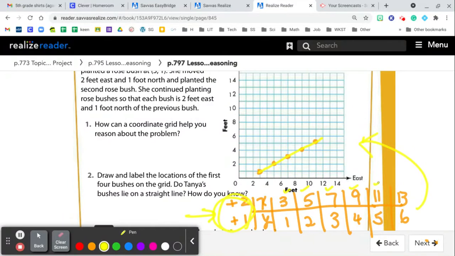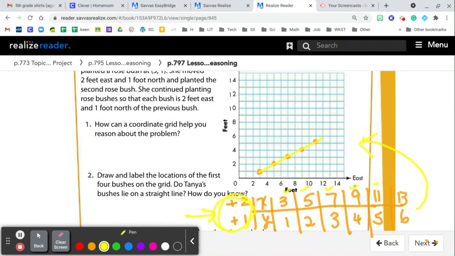So if our rose bush starts at 3, and we're going to add 18. Our rose bush is starting at 3, and we want to know the 9th rose bush. So that would be 9 times, what am I doing here? 5th rose bush and the 9th rose bush.